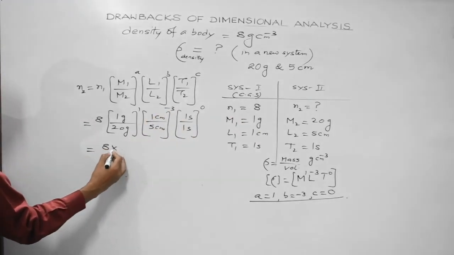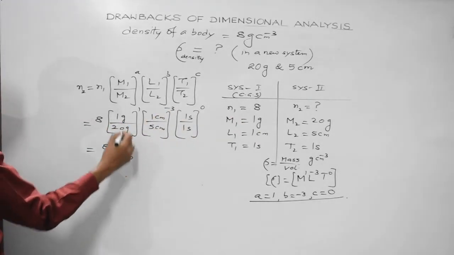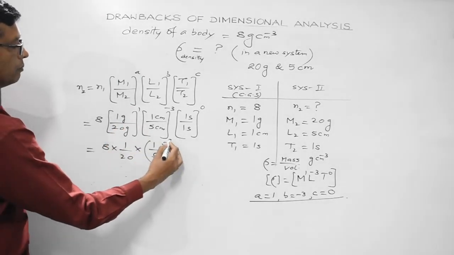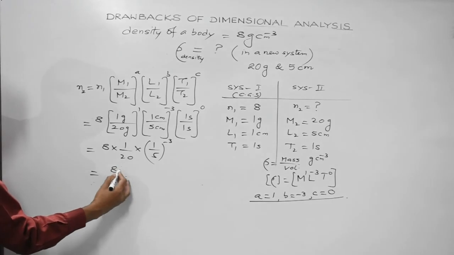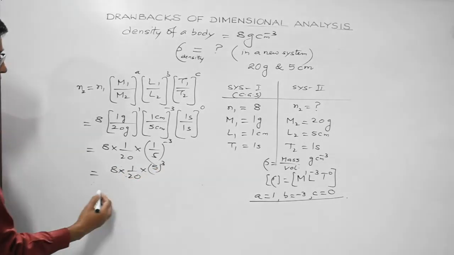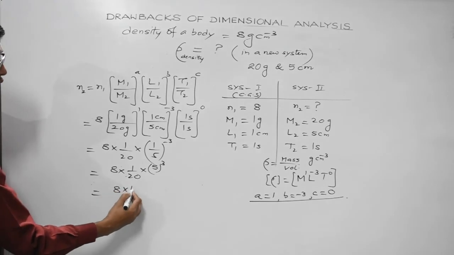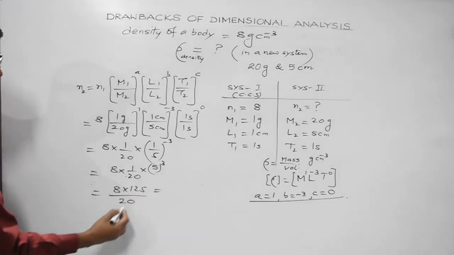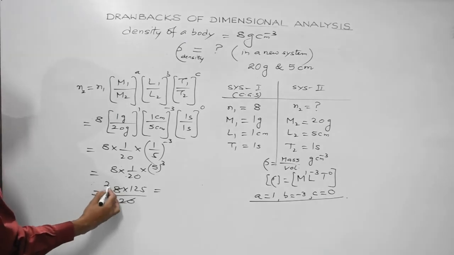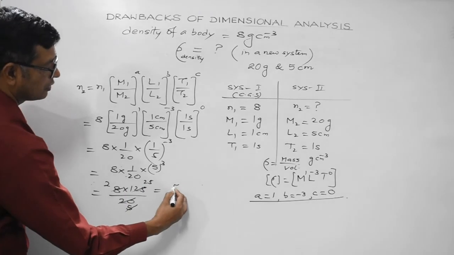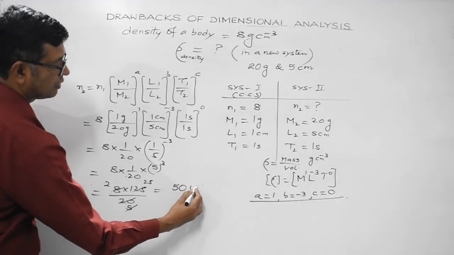So 8 into 1 by 20 to the power 1, into 1 by 5 to the power minus 3. So you can write it like this: 8 into 1 by 20 into 5 to the power 3, right? Or in other words, 8 into 125 divided by 20. So it will give us 50 units.